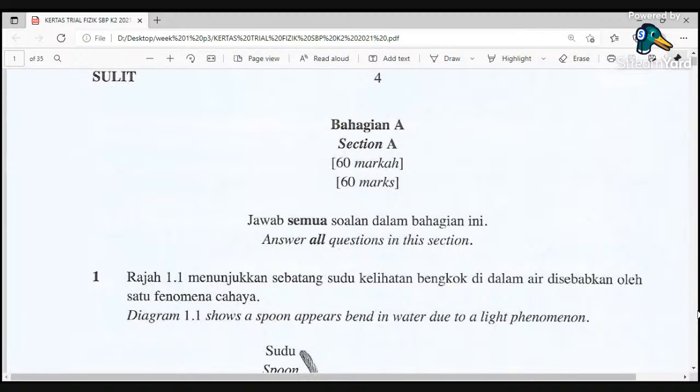For today, I think I just discuss Section A. Okay, for Section A, 60 marks. Answer all questions in this section.